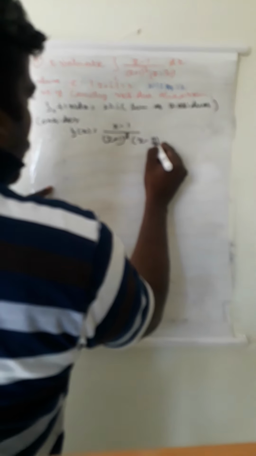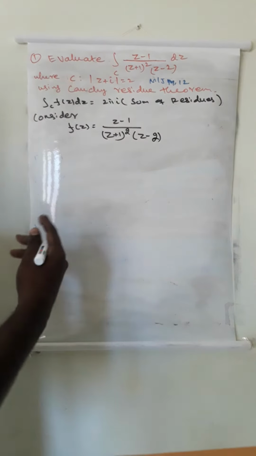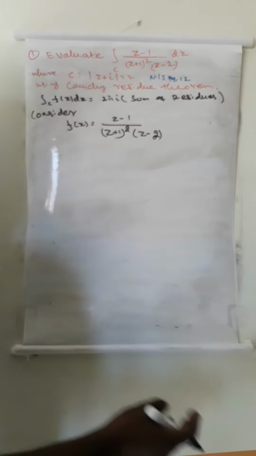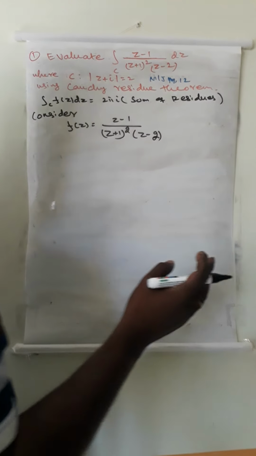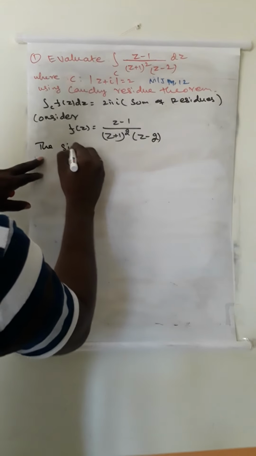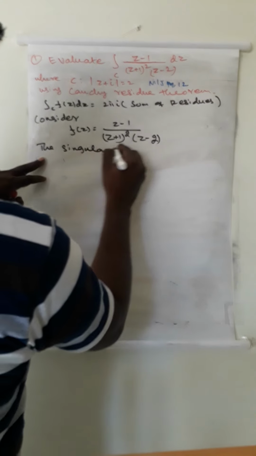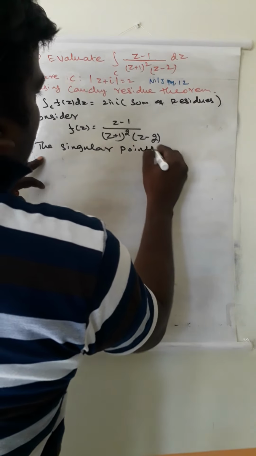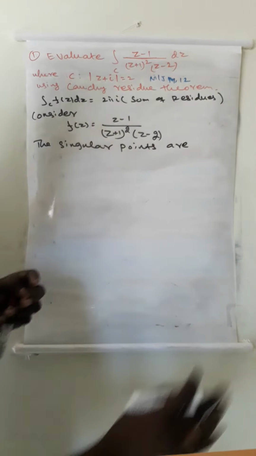Next step, I have to find the poles. Obviously I have to find the singular points. In each and every problem, the singular points are nothing but poles. The singular points are found very simply by making the denominator equal to 0.